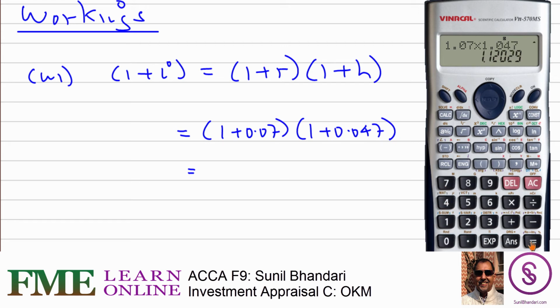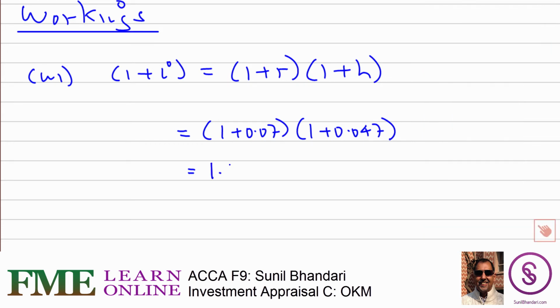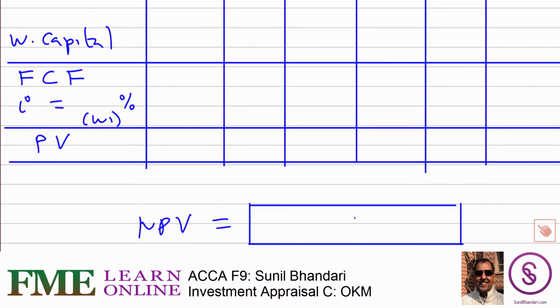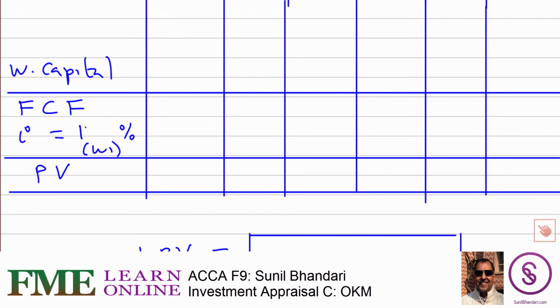Hit equals. That comes out to be 1.12. So straight away, deducting 1 from that is 0.12, but we want tables 12%. We put that in there. That's going to be 12% tables.